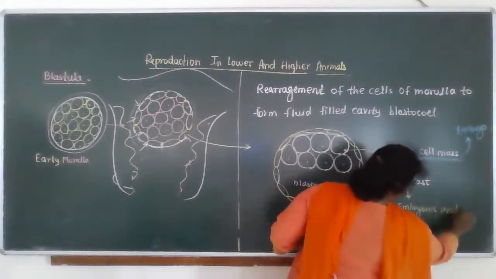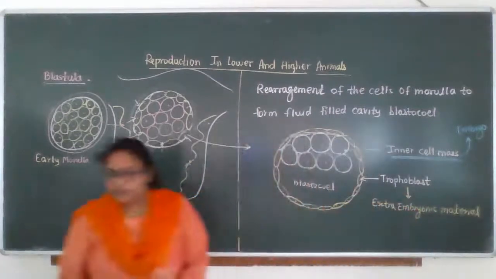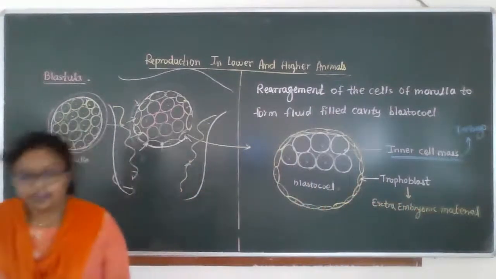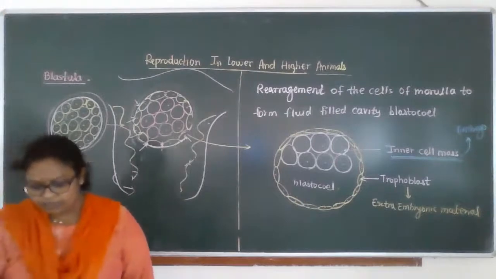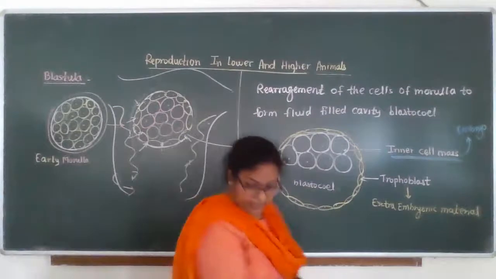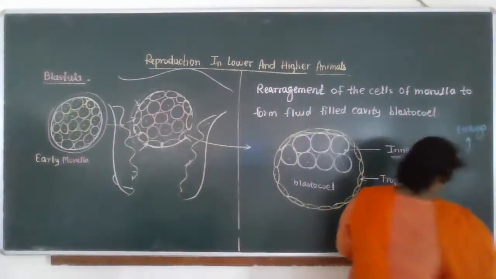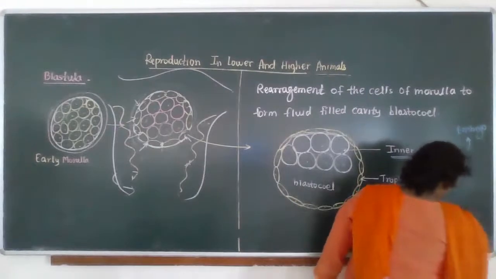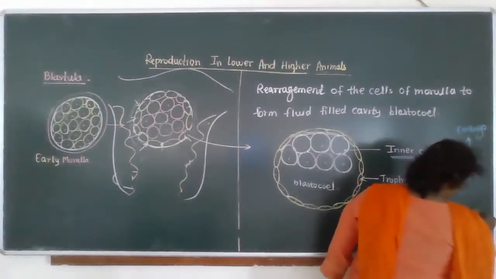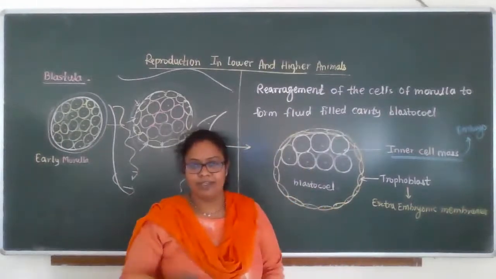The extra-embryonic membranes get formed by the trophoblast.